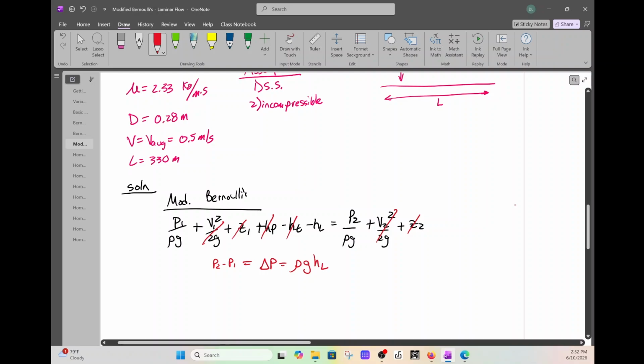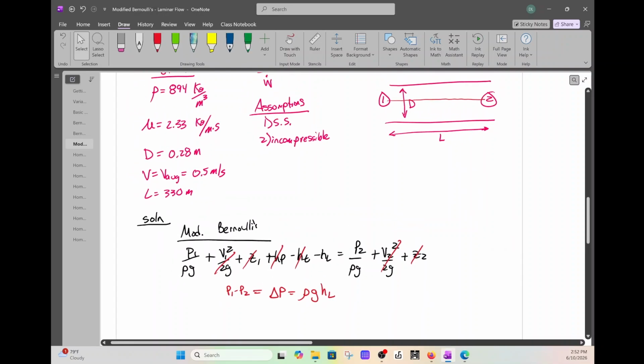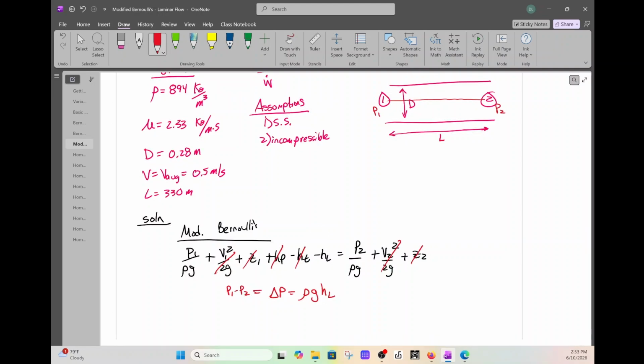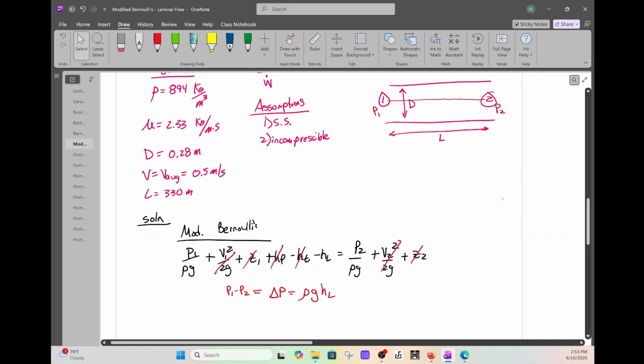Oh, nope. Bring that over. Sorry. P1 minus P2, which makes sense. In a pipe, the pressure here has to be greater than the pressure at 2. That's how you get flow. Okay, this direction to the right. So P1's got to be higher than P2.